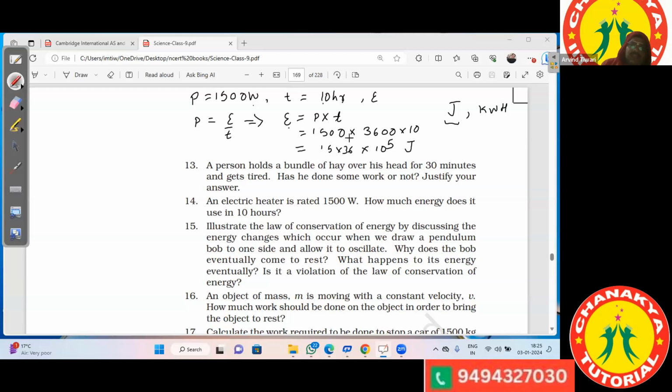The same thing, if you want your answer in kilowatt hour, in that case you need to convert this 1500 watt to kilowatt. Okay. So how will we convert this to kilowatt? Siddhisri? Yeah, Siddhisri, how can we convert it to kilowatt?